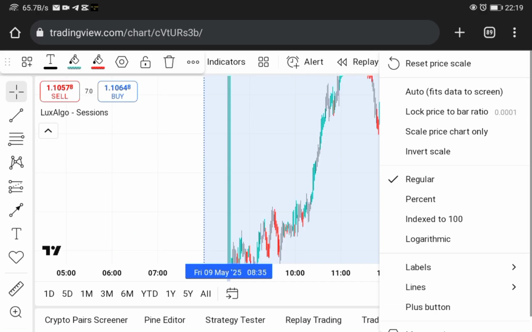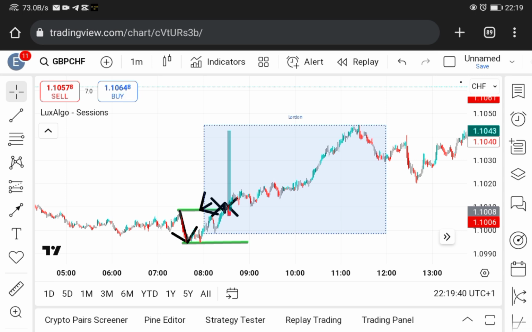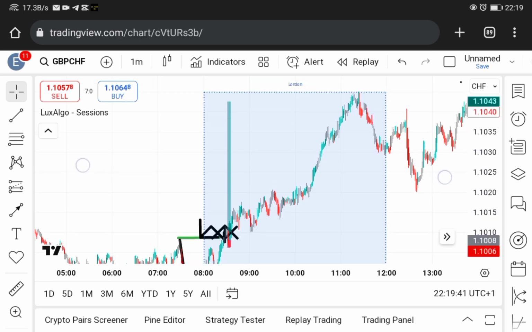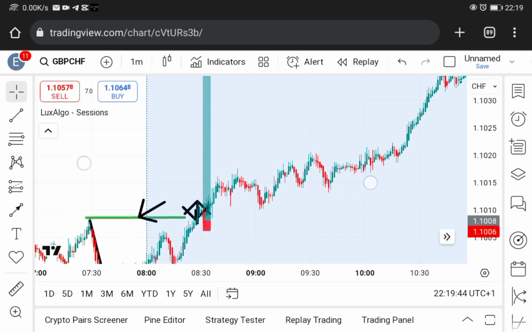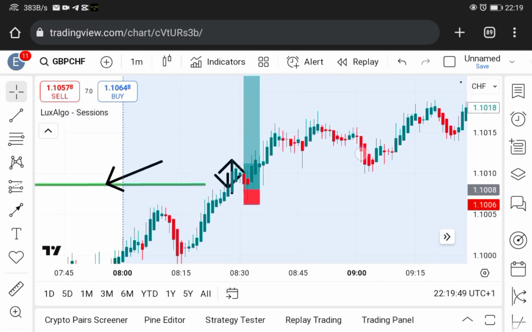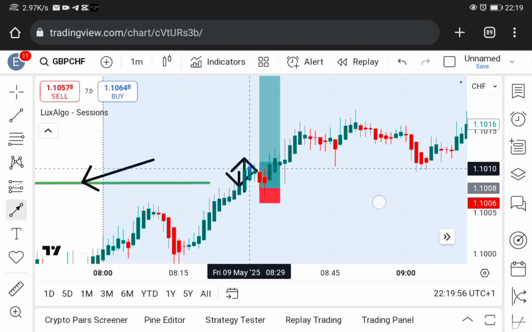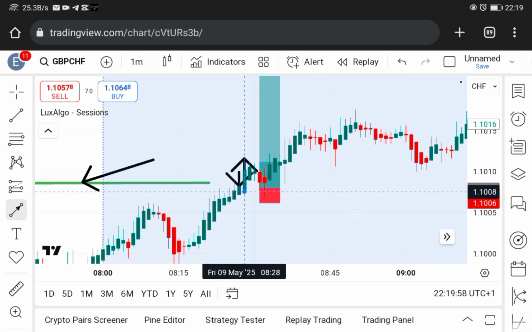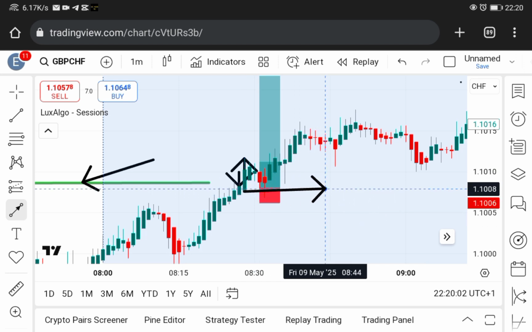Secondly, if you place this trade around the level that you've seen, this very level here, and your stop loss comes below this candle, this point, you will get taken out.